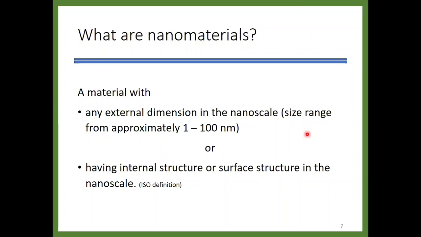So now understand the difference between the two. The first one refers to a stand-alone object, where if you measure any external dimension, at least one external dimension should fall into the nanoscale. And then in the second definition, the material may be a macroscopic one, but it has some internal structure or a surface structure.